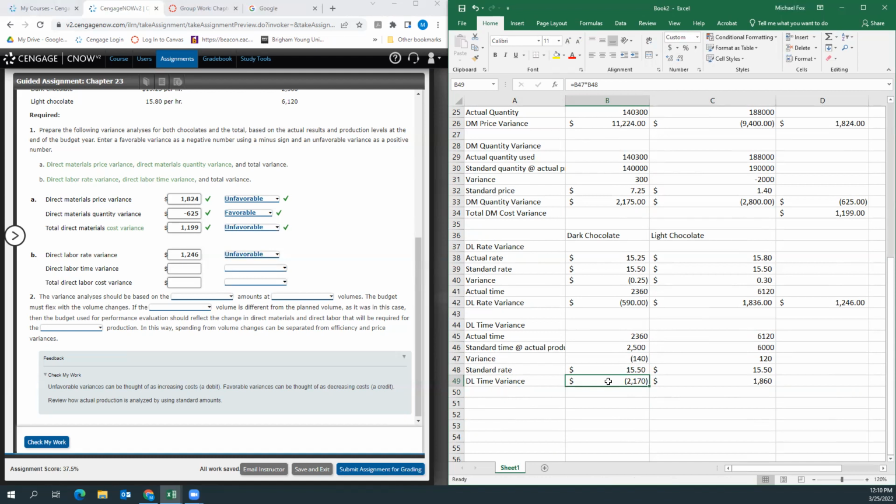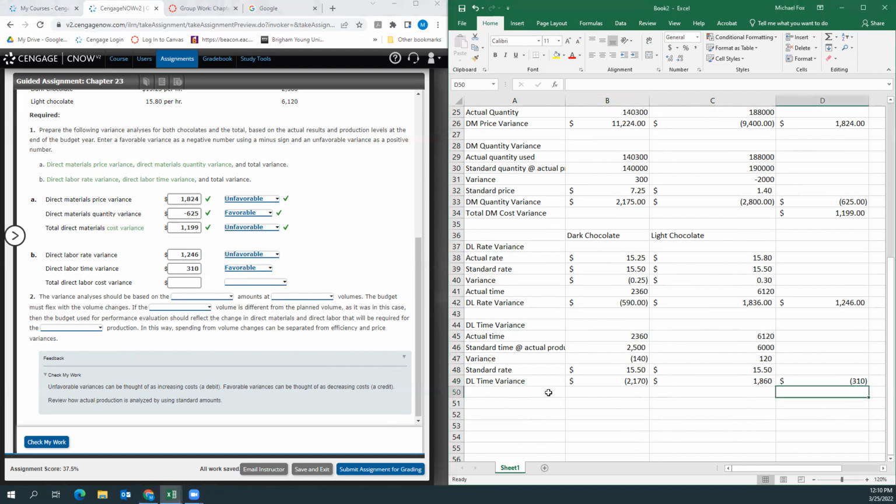So we spent $2,170 less because we actually spent less time than we thought. We planned for 2,500 hours on that dark chocolate, but we only spent 2,360. And we had an $1,860 unfavorable variance on the light chocolate because it took us 120 hours more than what we planned for. Okay, so the sum of those two is our direct labor time variance, and that's $310 favorable, meaning we spent $310 less than what we planned to.